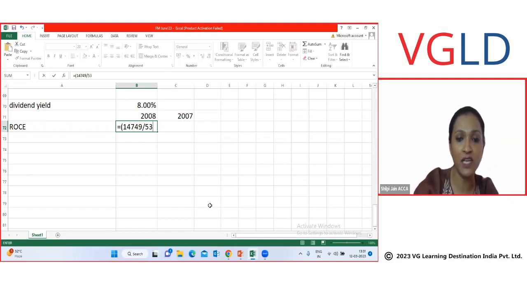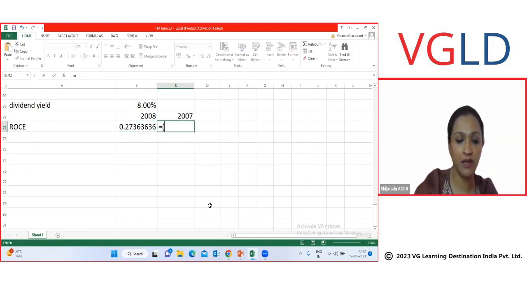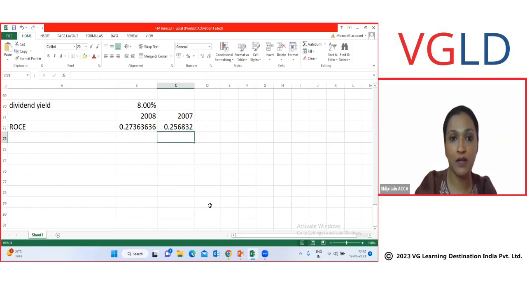So that's 53,900. And then similarly do it for the previous year: 13,506 divided by my total fund, 52,587. This will include your long-term capital as well.